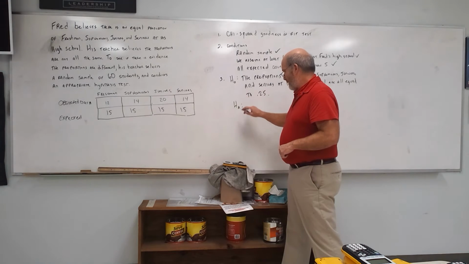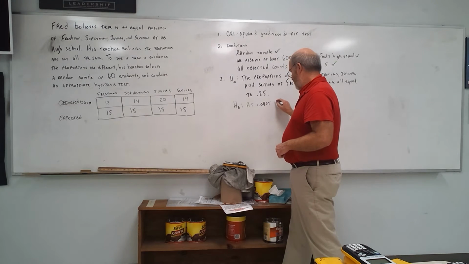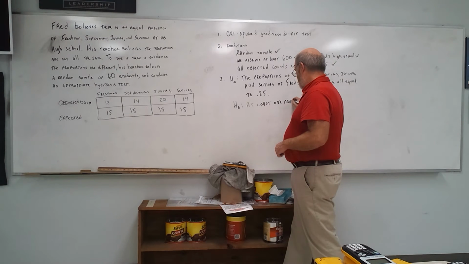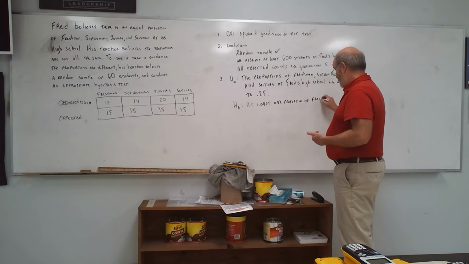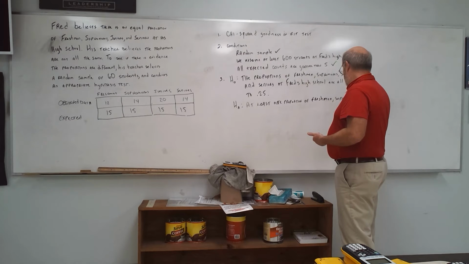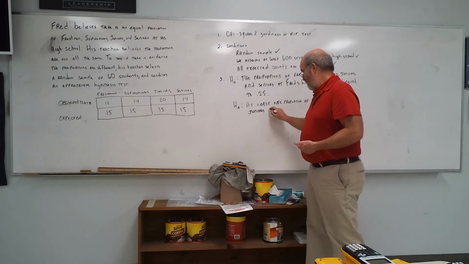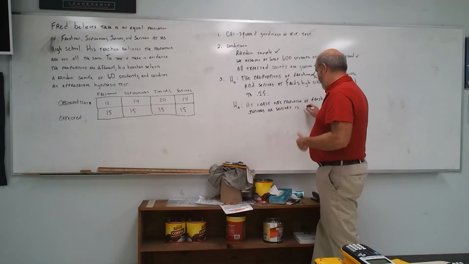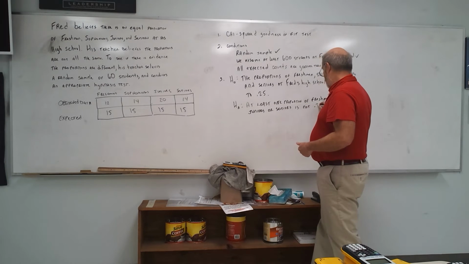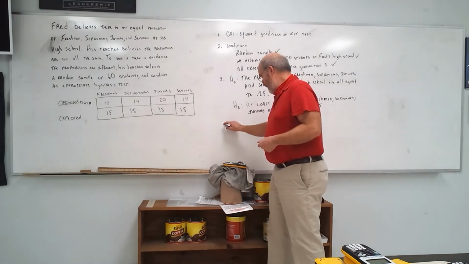Then the alternate hypothesis is at least one proportion of freshmen, sophomores, juniors, or seniors is not 0.25, or is different than 0.25, not equal to 0.25. Those are our hypotheses. Next, we're going to do our calculations.